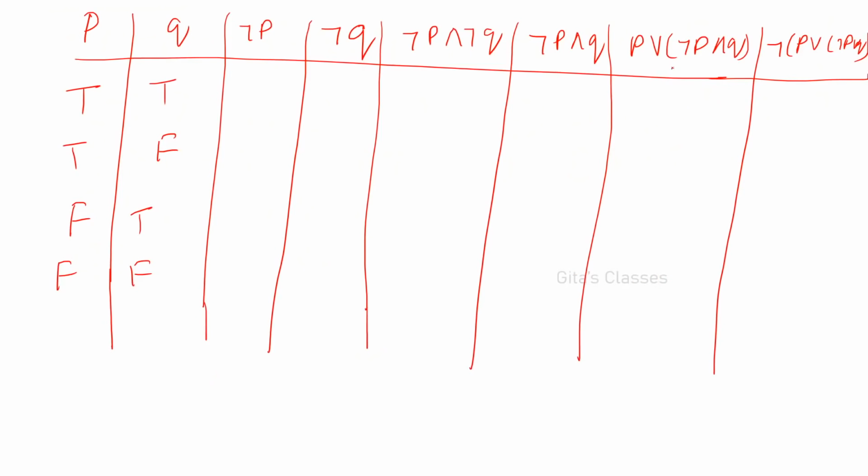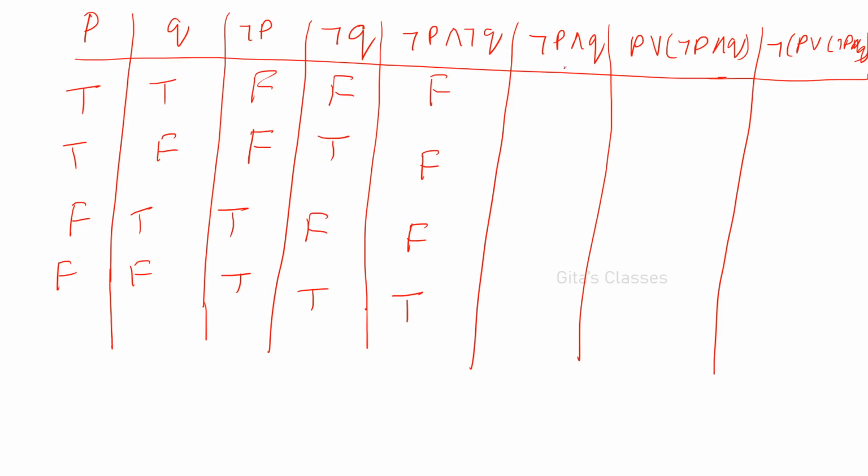And only. Not P and Q. So here again you will be getting and only. Okay, so not P means F, F, T, T. And not Q, F, T, F, T. So not P and not Q, and between these two: F, F, F, T.